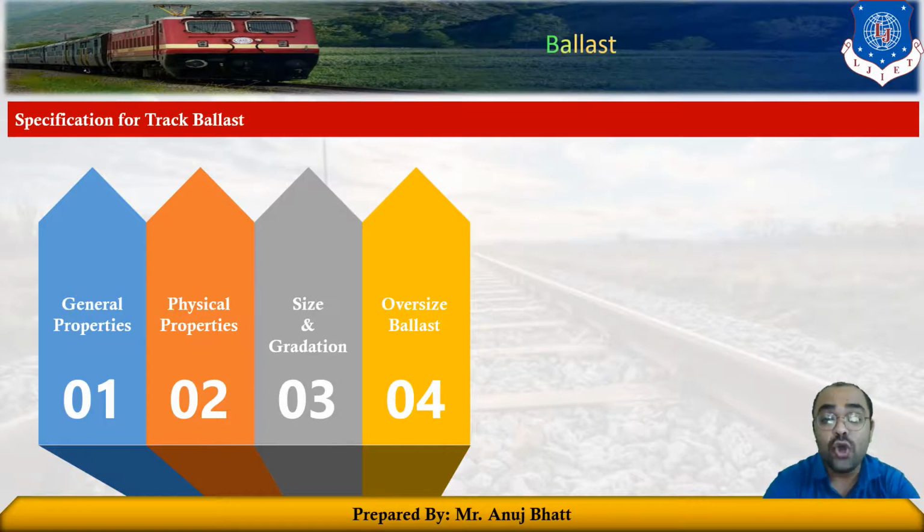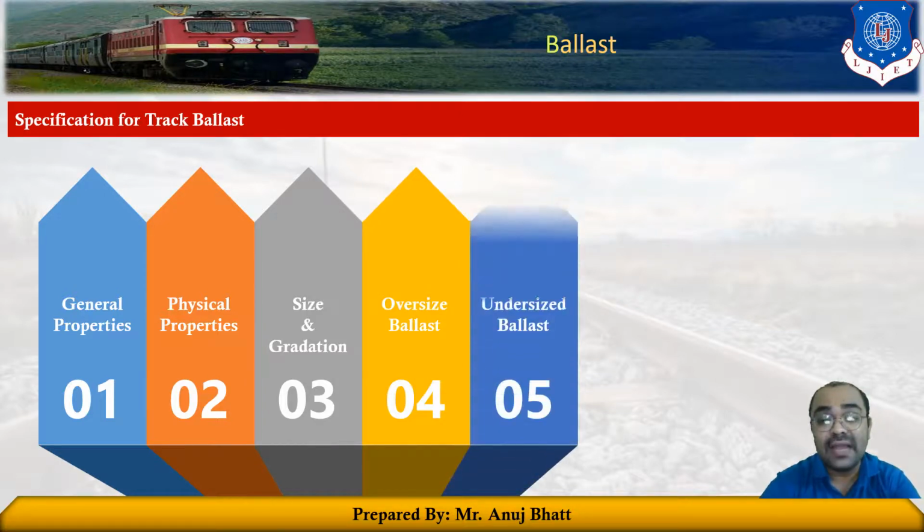And the stocks that retain more than 10% should be completely rejected. So when you provide the gradation, and if the bulk has about 10 percent retained on the 65 size, those materials should be rejected.